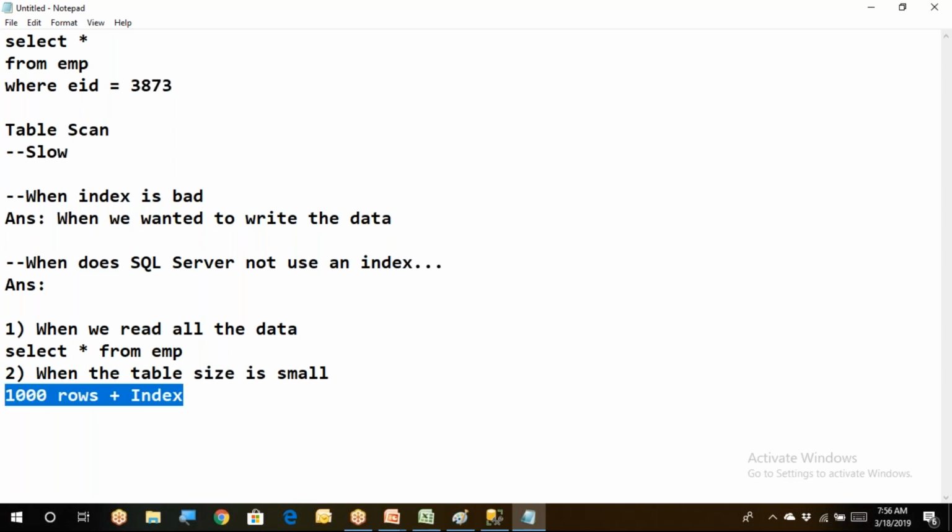Even though there are index pages and everything, since it is a small table, SQL Server is not going to use indexes. It is going to use table scanning only. Clear? When the data size is very, very small, even though you create an index on that, SQL Server is not going to use the index.